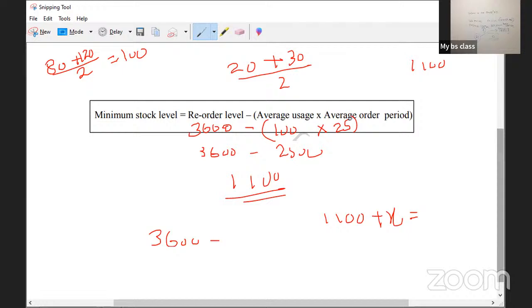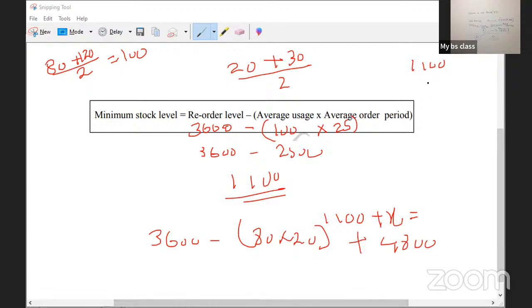Your minimum usage is 80, so 80 into 20, and you add your reorder quantity, which they have provided as 2,800. So 3,600 minus 1,006 plus 2,800.